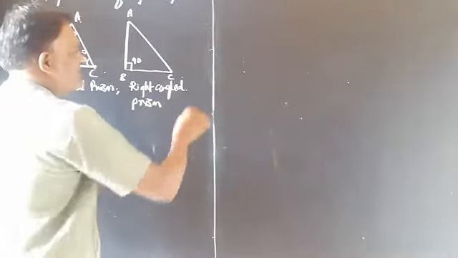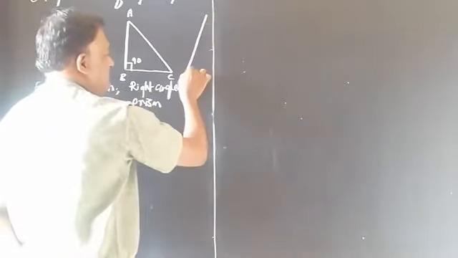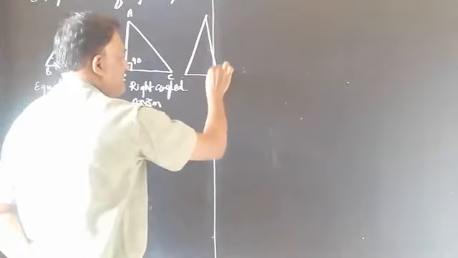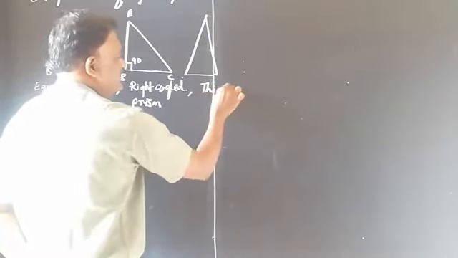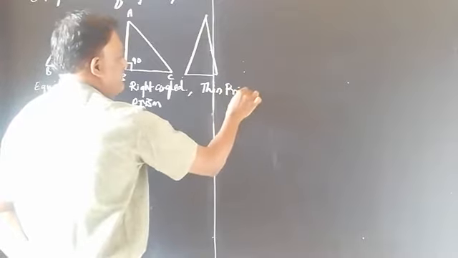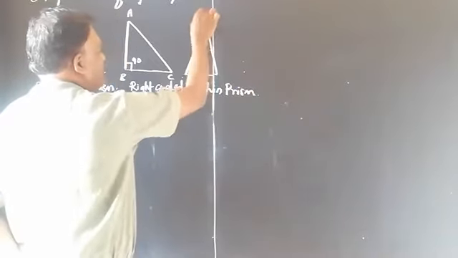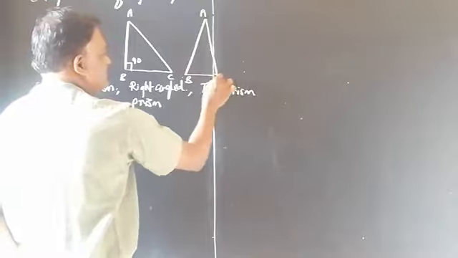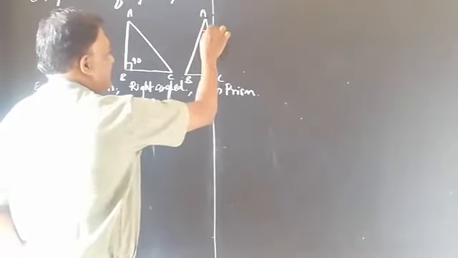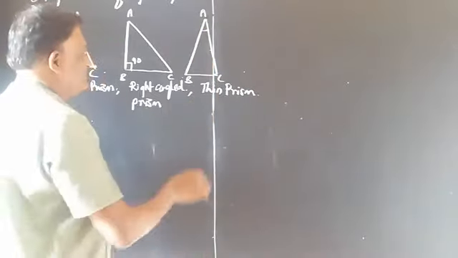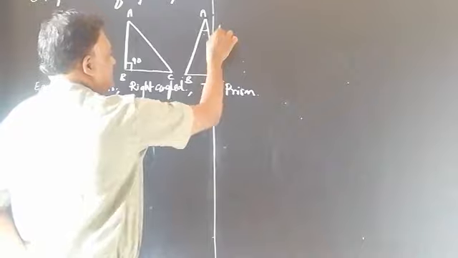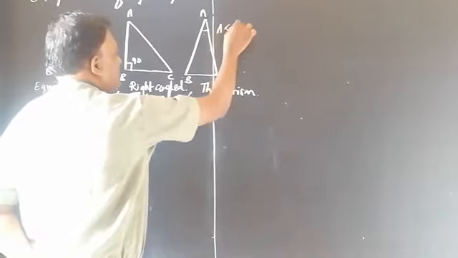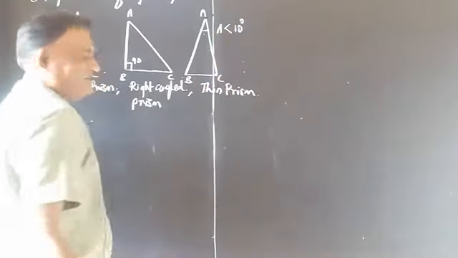The third one is thin prism. So ABC is the section of the prism. Angle A is angle of the prism. Here the angle of the prism is less than 10 degree.